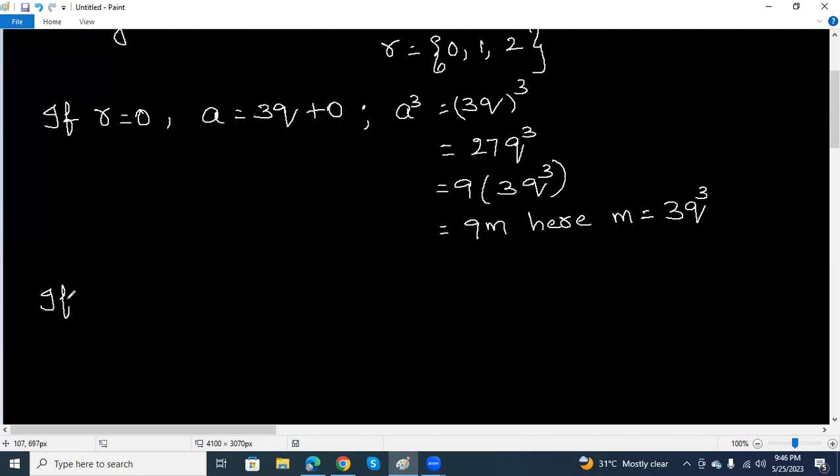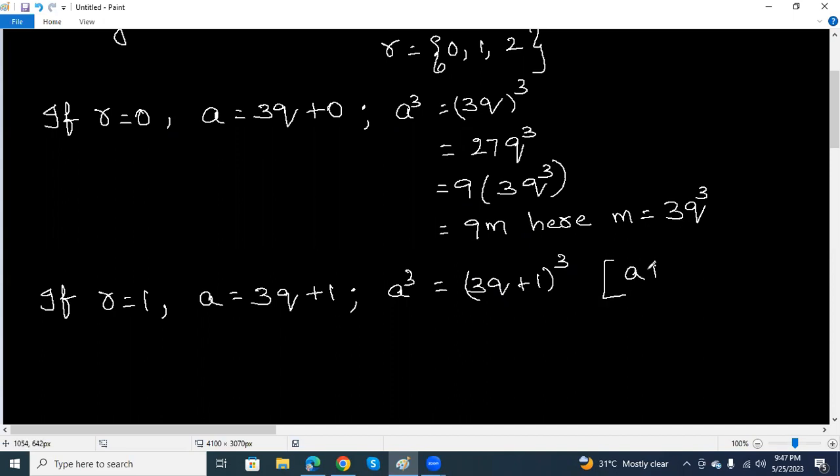Next, we go to r is equal to 1. So a is equal to 3q plus 1, and a cube is equal to 3q plus 1 whole cube. This is like the a plus b whole cube formula, so I'm putting the formula here.